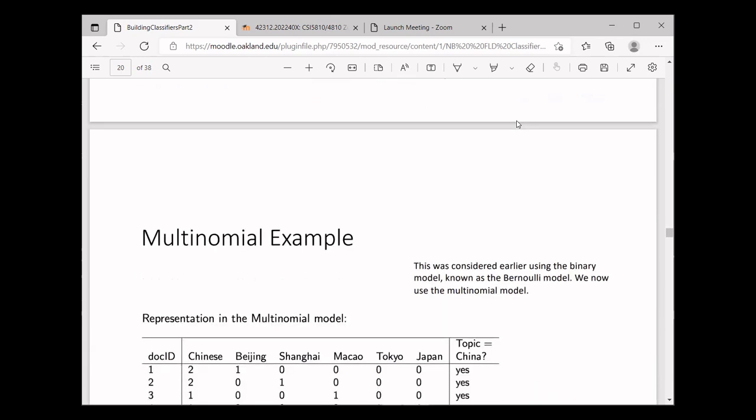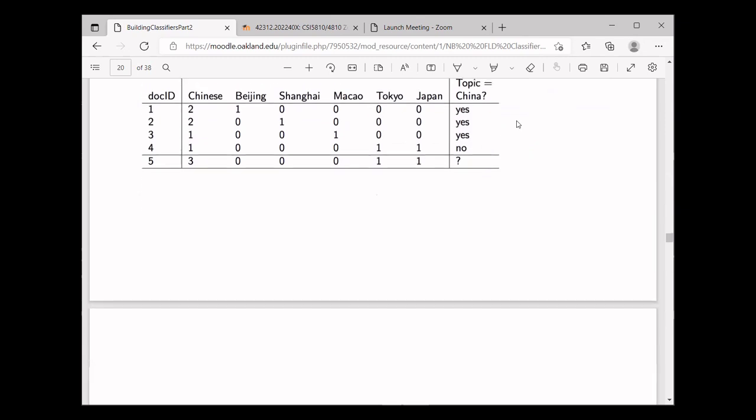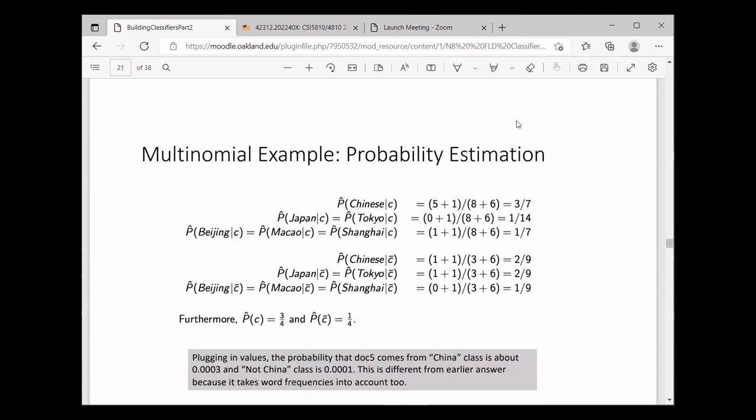If we take the same example that we took earlier, but follow the multinomial smoothing formula for probabilities, then the numbers will be different. These are the numbers you will get.